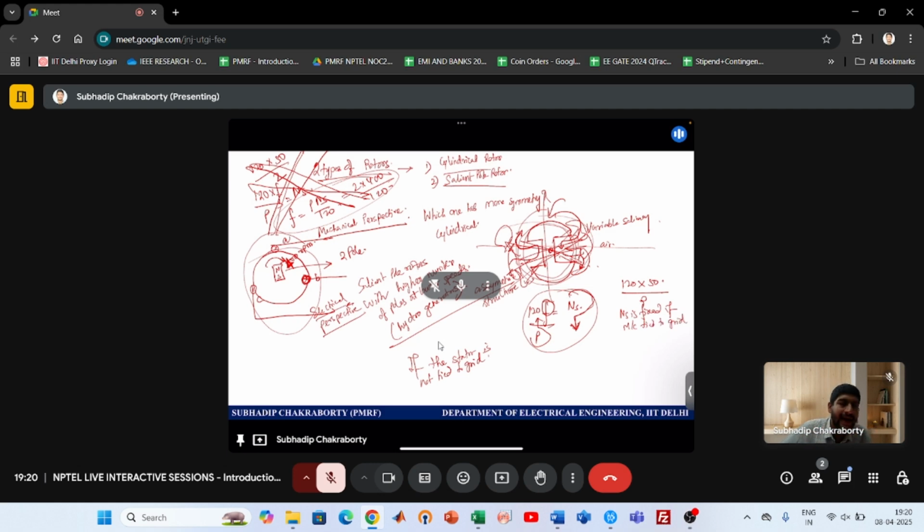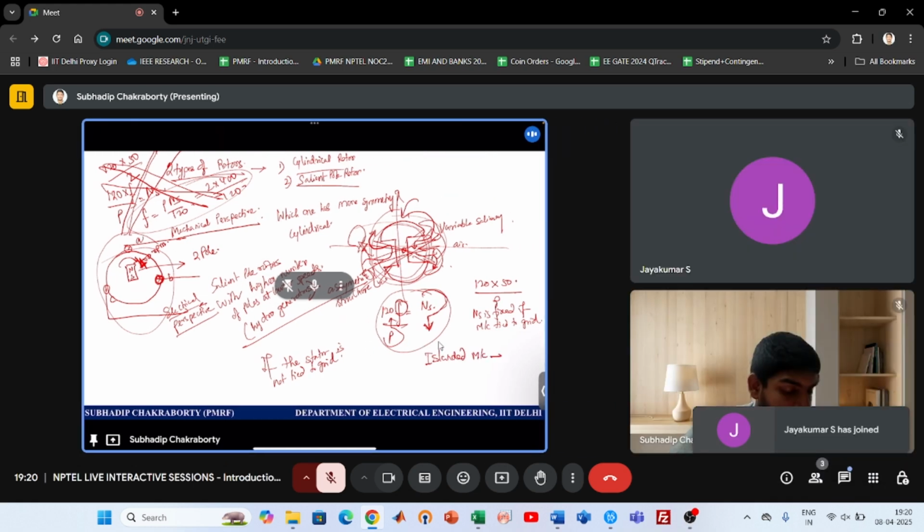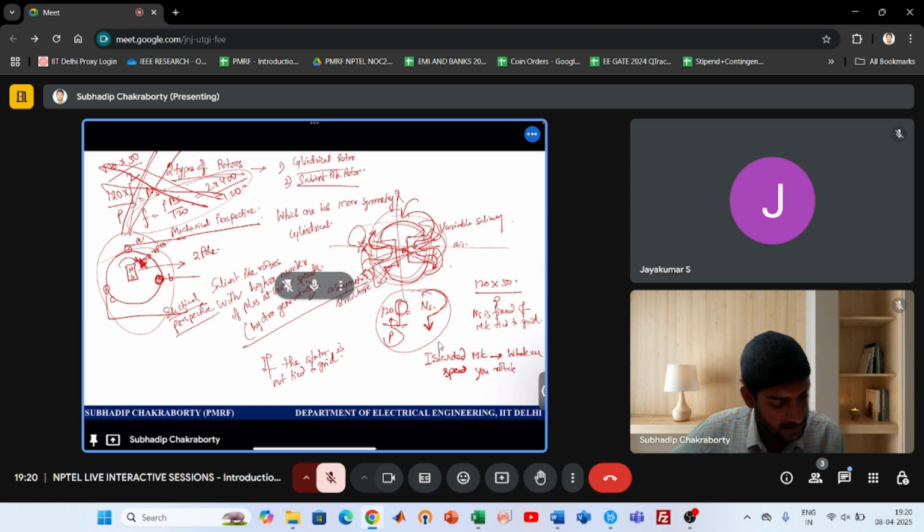But if it is not grid tied, if it is an islanded machine, then whatever speed you rotate the prime mover at, that becomes the synchronous speed.